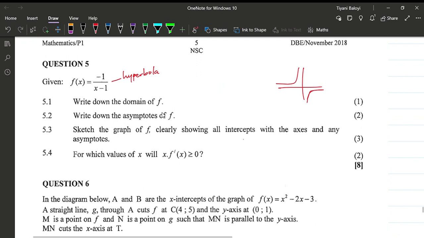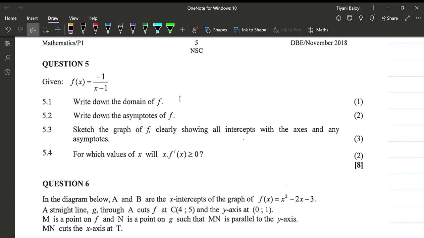We're not given that much here, we're just given the graph, the function. So now we can start answering the questions. Question 5.1 asks us to write down the domain of f. So the domain of f is all values of x for which the function f is defined, right?